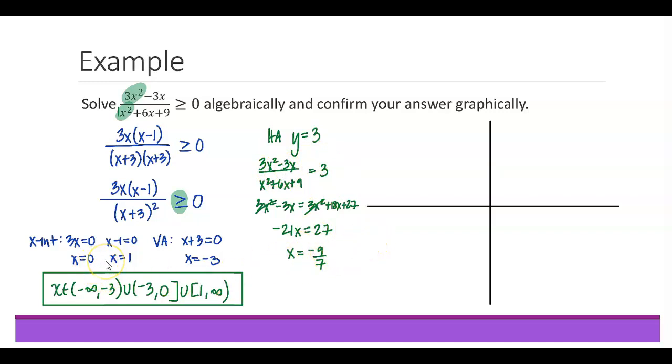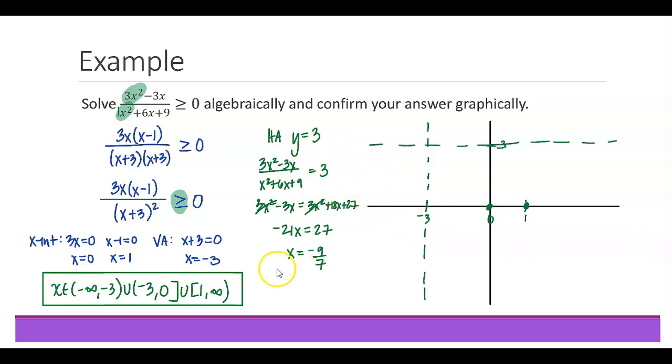So then we go ahead and we plot everything. So our vertical asymptote over here at negative 3, our x-intercept of 0, and our x-intercept of 1. And let's see, our horizontal asymptote of y equals 3.